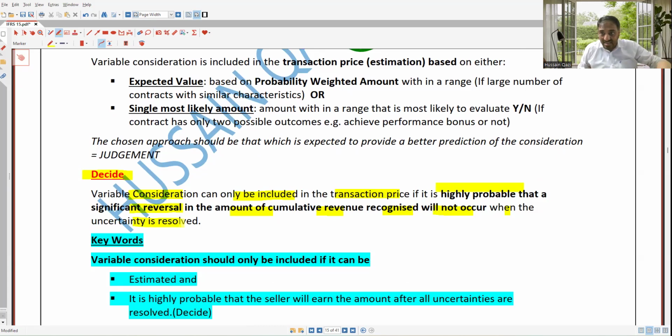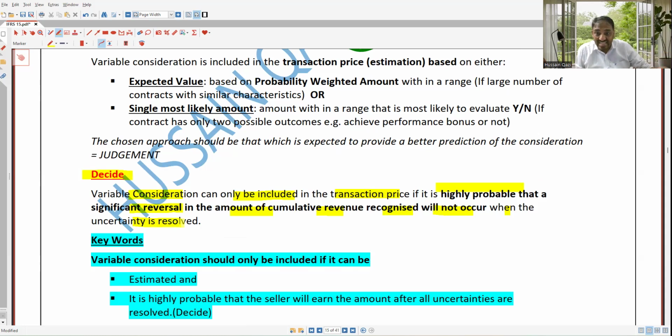Means at the time of contract, the entity must decide whether to incorporate the variable consideration with the transaction price, yes or no.